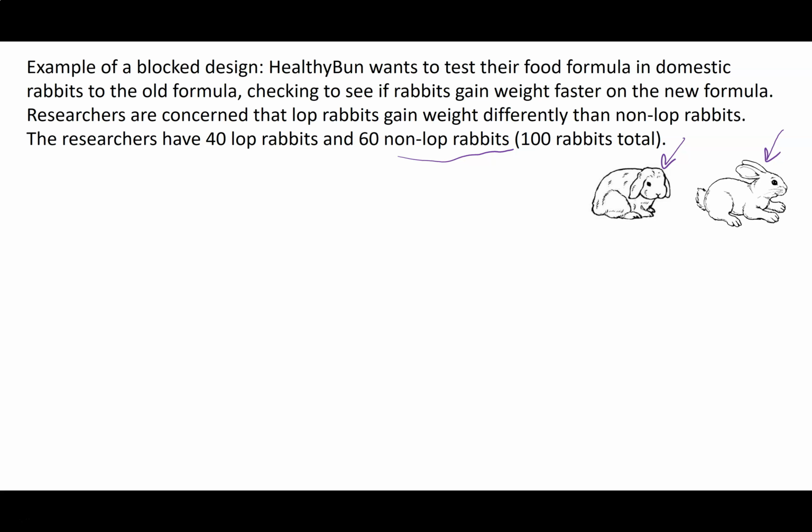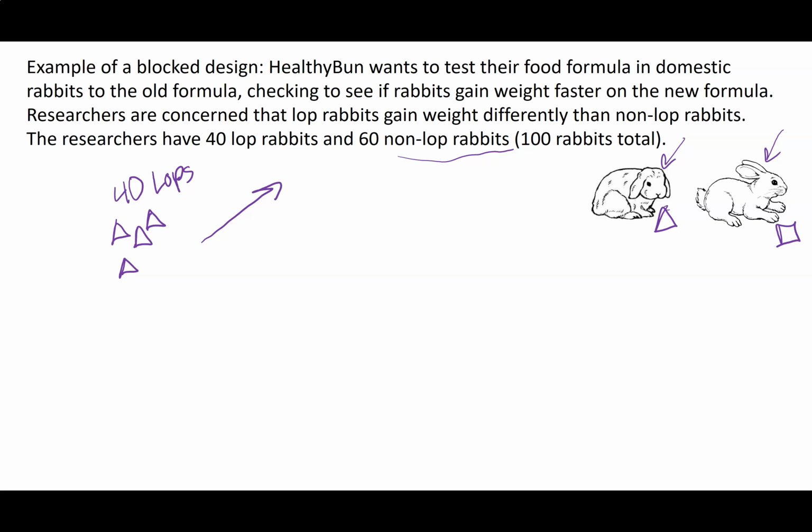So here, the lops are going to be triangles and the ones with the upright ears are going to be squares. So I'm going to break these into, I am not going to draw 40, but 40 lops.